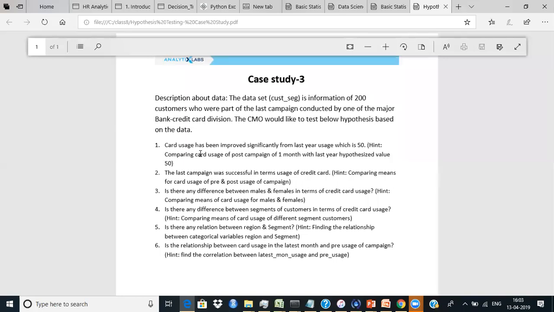What is one sample t-test? One sample t-test is a hypothesis test which is done to see whether the population mean is equal to a certain value. Here, we want to test whether the population mean is equal to 50 or greater than 50, right? So we will use one sample t-test.